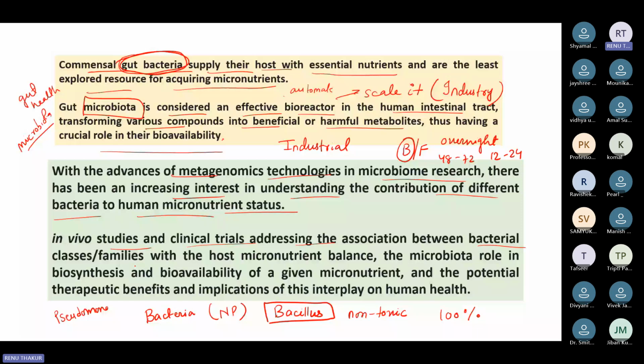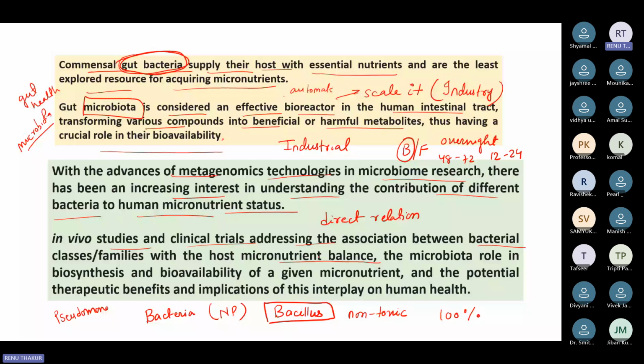It means many researchers are still trying to prove that there is a direct correlation between the gut microbiome and the host micronutrient balance. Many researchers have concluded with their studies, in vivo studies and clinical trials on human subjects, that there is a direct relation between the gut microbiome and the micronutrient balance of the host.